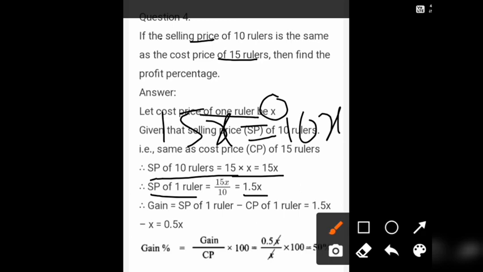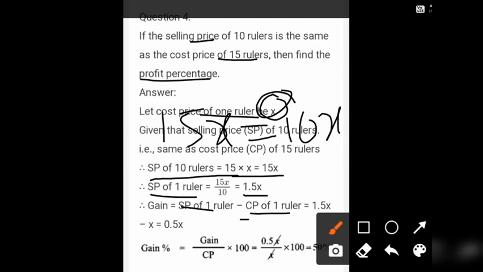We get 1.5x. You have to find the gain percentage or profit percentage. Before finding the profit percentage, you have to find the profit. Profit means selling price minus cost price. Here selling price is 1.5x minus cost price x.